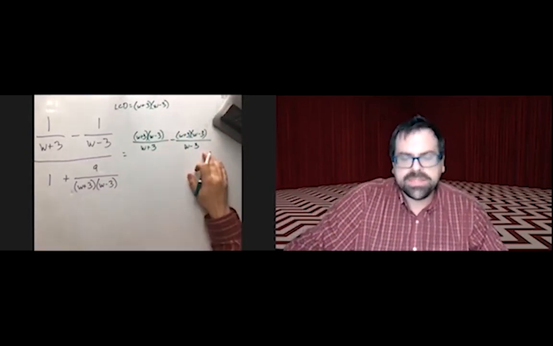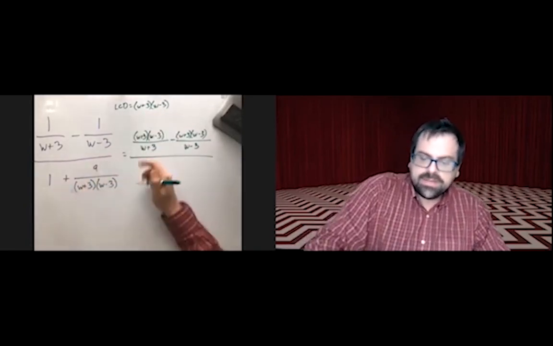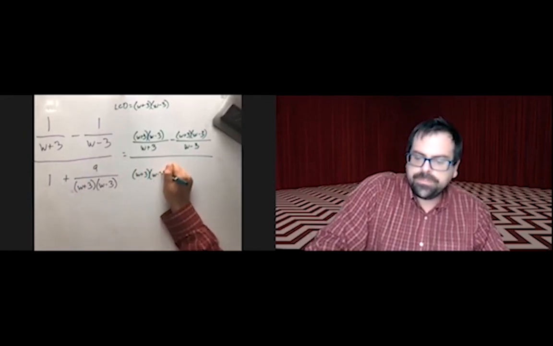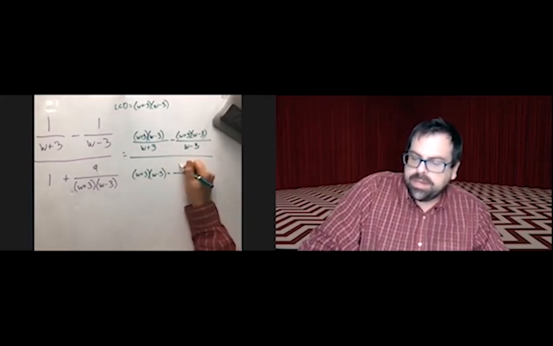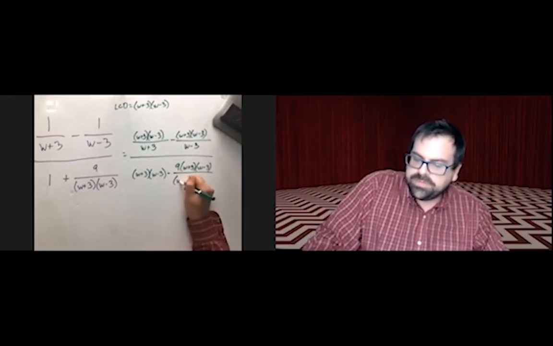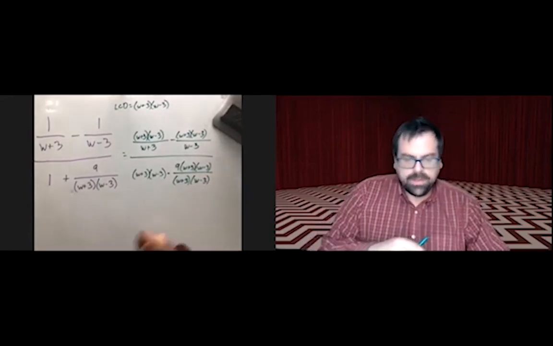Don't worry about the bottoms. 1 times the LCD is just the LCD. Nine times the LCD over W plus 3 times W minus 3.